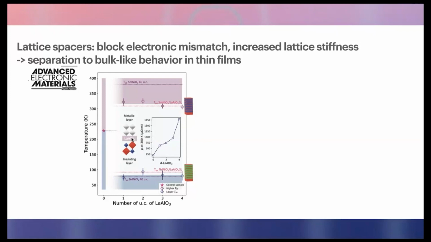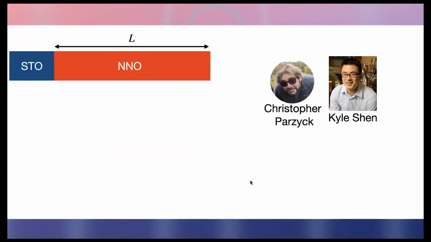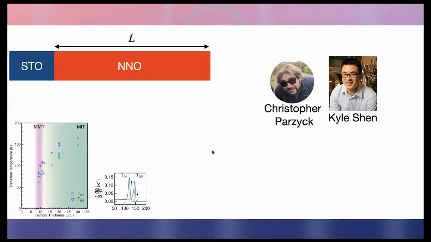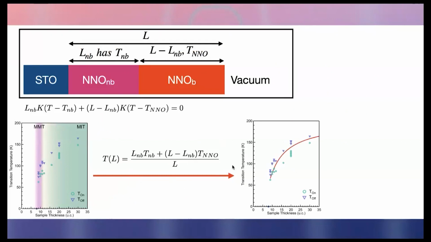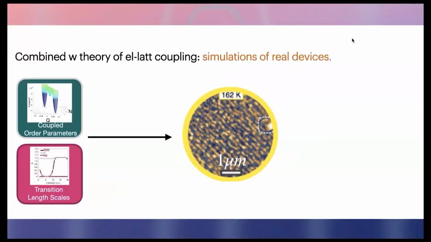And this is different than the bulk picture, which is showing it's the electron lattice coupling, right? And you can keep working on these things. So for example, if you have neodymium nickelate on strontium titanate, you can think of this as having different regions, some non-bulk, some bulk-like, and you can basically build a theory that fully explains this very easily and have a really great match.